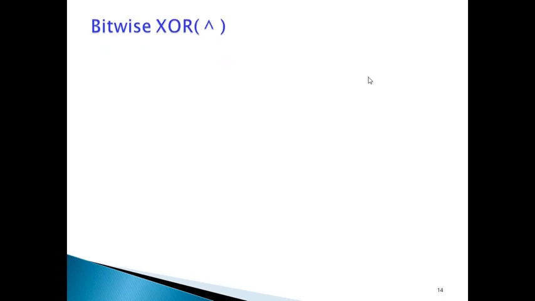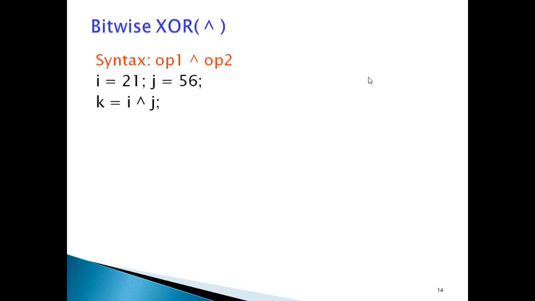Now we will see the exclusive OR operation. For the XOR operation, the syntax is operand 1 ^ operand 2. i equals 21, j equals 56. We will take the same numbers. k is equal to i ^ j.